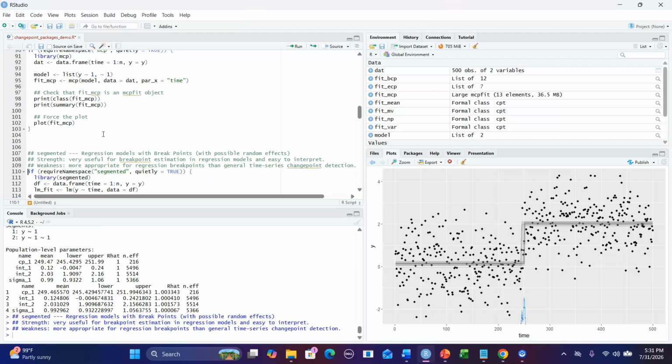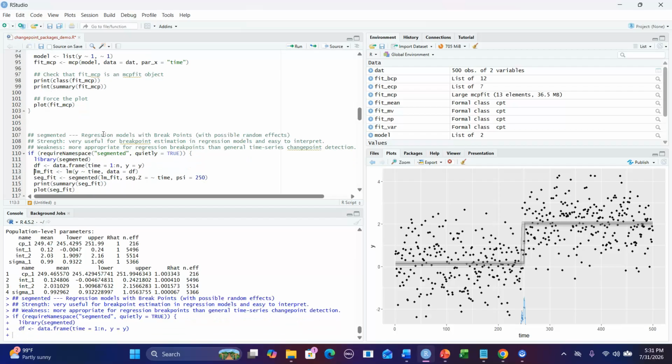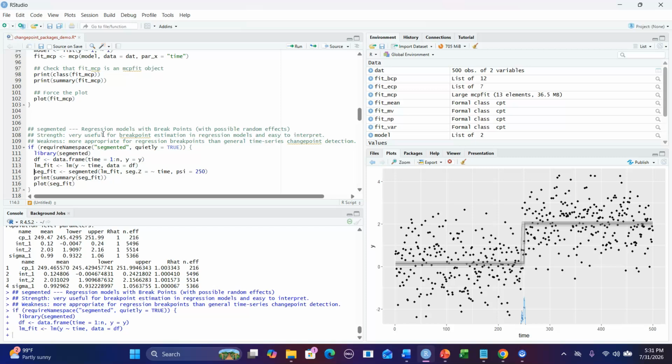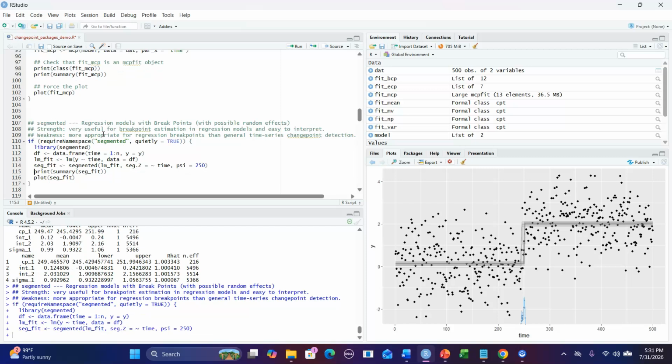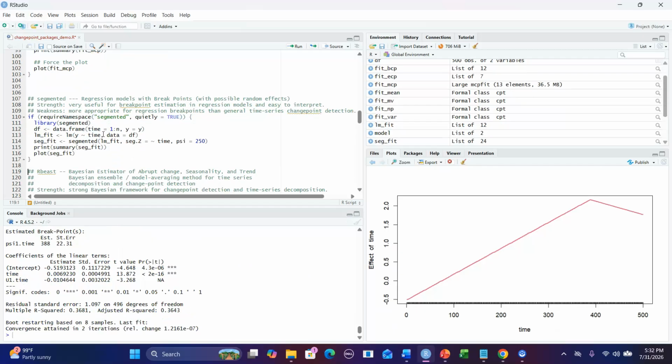Okay, so loading the library, you have to fit a linear model, y regressed on time, and then you refit the linear model using segmented, and you tell R you want the position psi equal to 50, and then you print out the estimation.